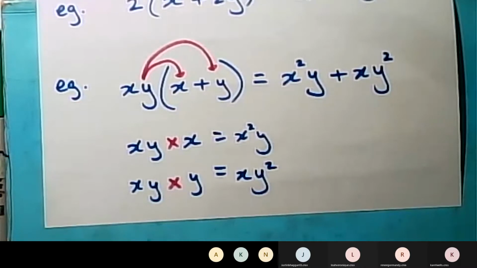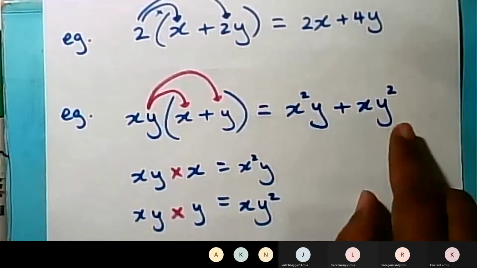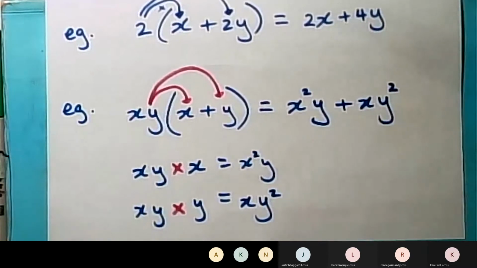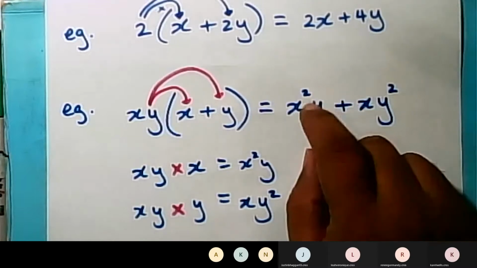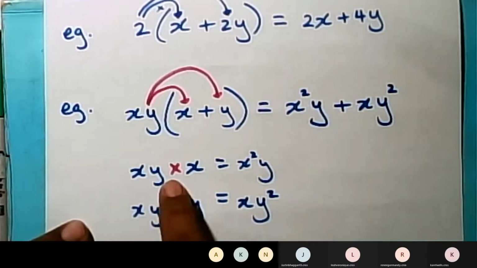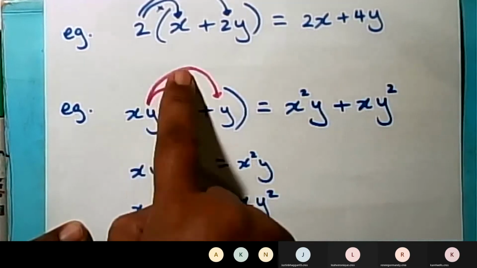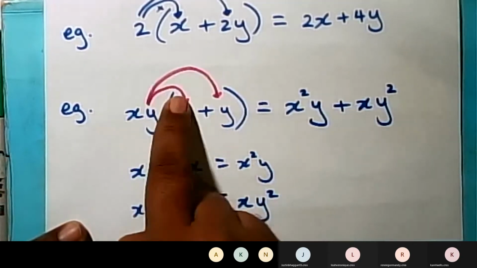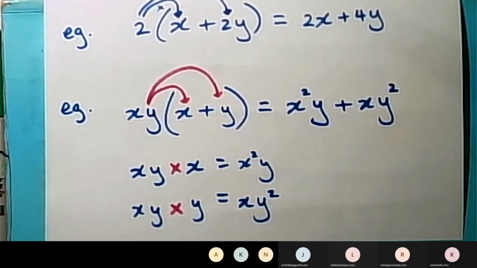So the trick in it is making sure you have the squared symbols in the right spot. The other trick in it is you have to be able to work this out in your heads. So you don't have to draw in the curvy arrows, but you could.